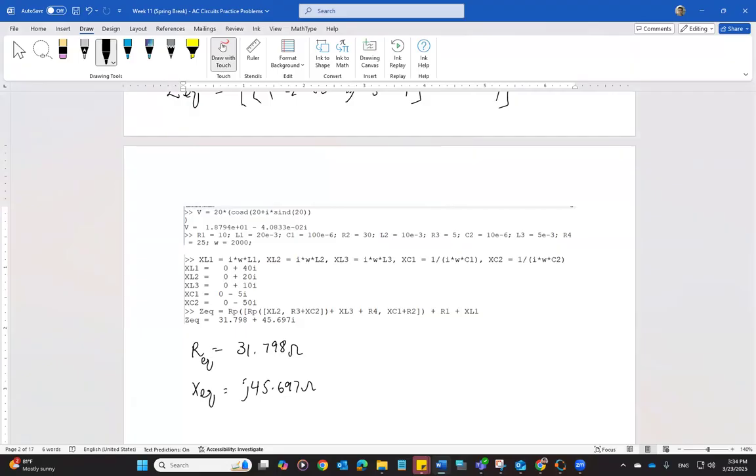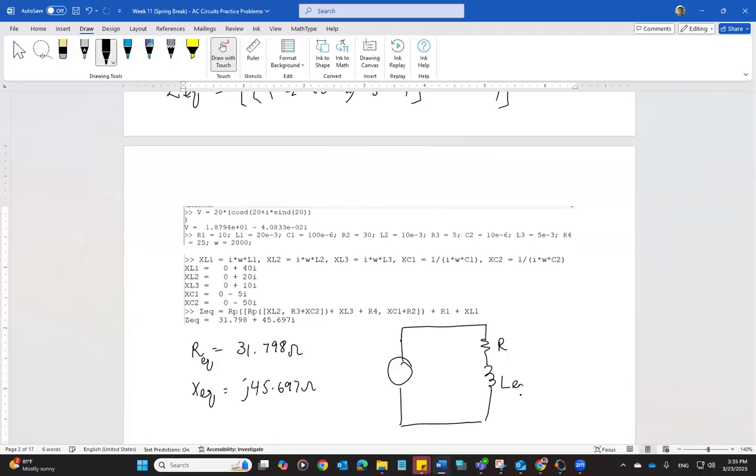So although you have capacitors and an inductor in the circuit, when you took the equivalent of all of the components, the total reactance came out to be an inductive reactance. That means the final circuit, as seen by the source, is comprised of a resistor and an inductor, whose reactance is this.